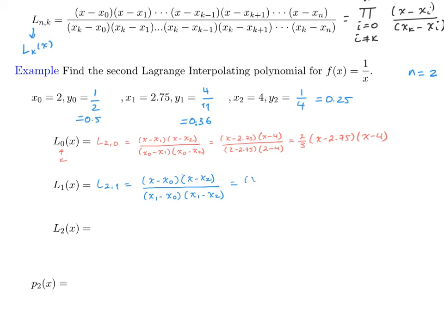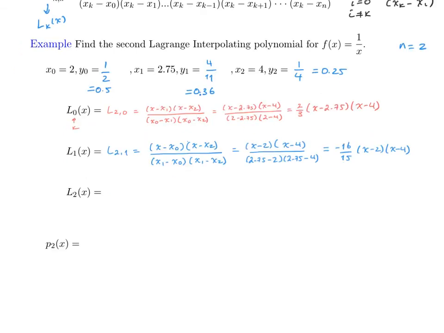Which in our case, this will be x minus 2 times x minus 4, divided by 2.75 minus 2 times 2.75 minus 4, since x1 is 2.75. And all of this now simplifies to minus 16 over 15 times x minus 2 times x minus 4.